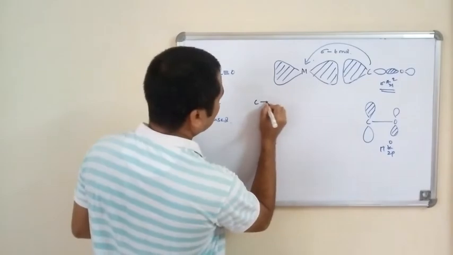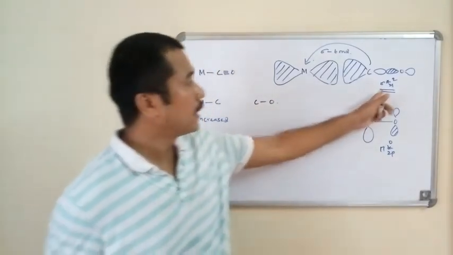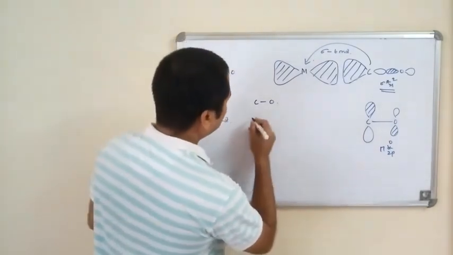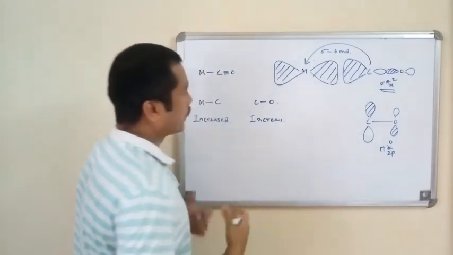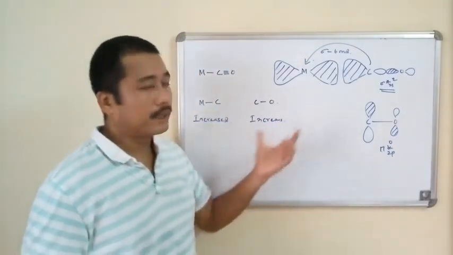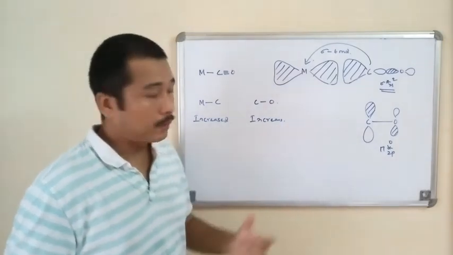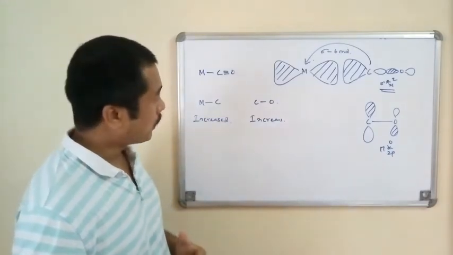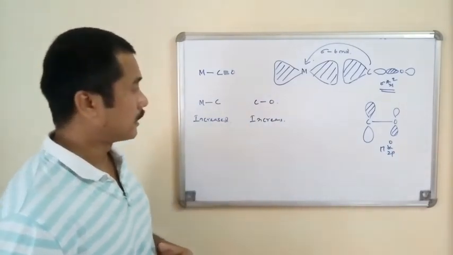And the CO bond order, if you look carefully, because we are removing electrons from a slightly antibonding molecular orbital, will also increase when you form the sigma bond, because of this interaction between these two orbitals of the carbon monoxide ligand and the metal atom.